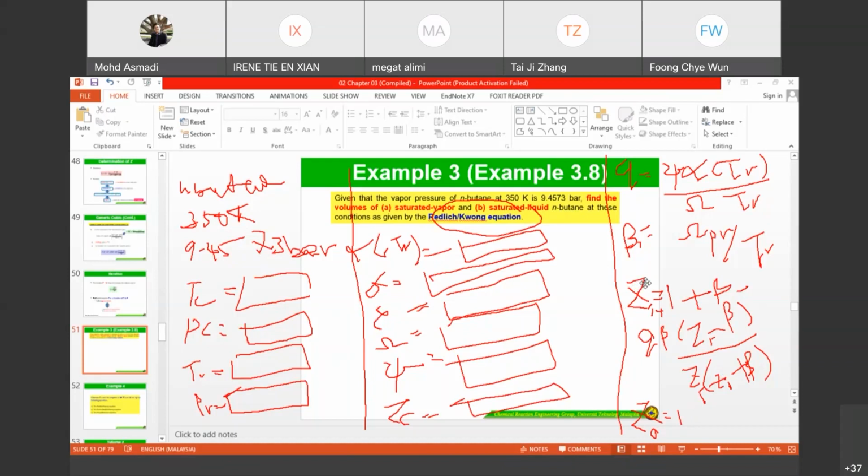Okay, could you please determine the value of TR, PR? What is the value of TC, PC, TR, PR? Can you give me?